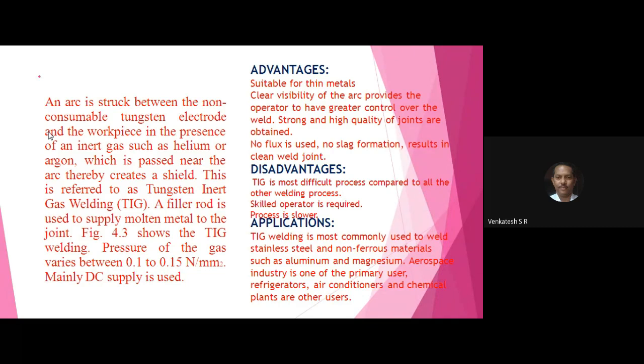In TIG welding, inert gas pressure of 1.1 to 0.15 newtons per millimeter square is used.